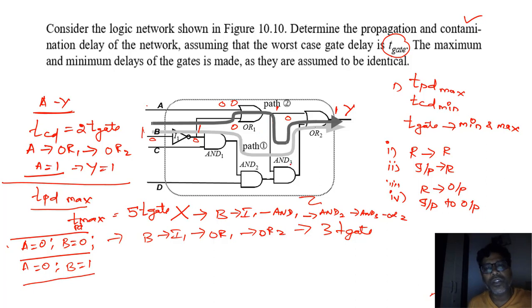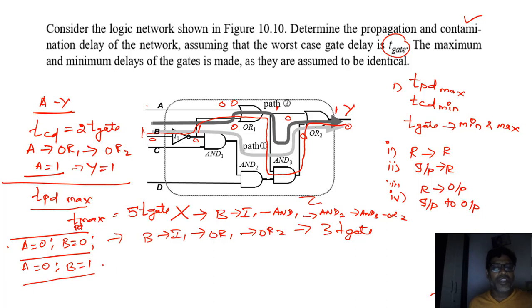Both are 0 will make this to be 0. If this is 0, one of my inputs of the AND gate is 0. So this will also become 0. The output is 0. Or what I am saying is, if this is 1, this becomes 0, this becomes 0, then this AND gate becomes 0, the output becomes 0.